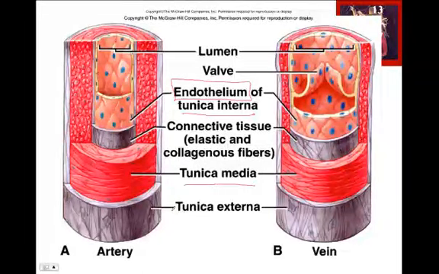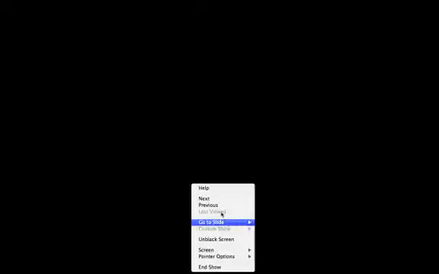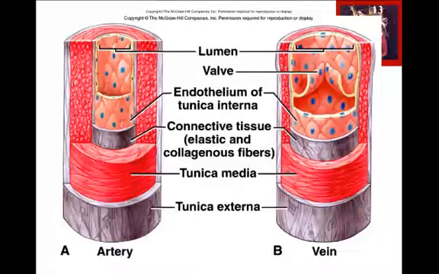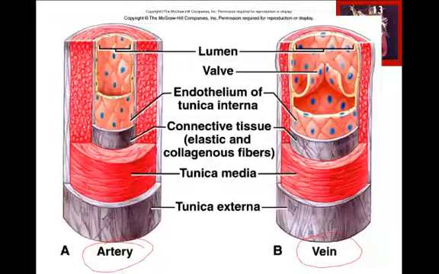Now, what's interesting is if you look here, this is kind of cool because this shows you the difference between arteries and veins. If you look here in an artery, one of the big differences is that the tunica media is much larger.